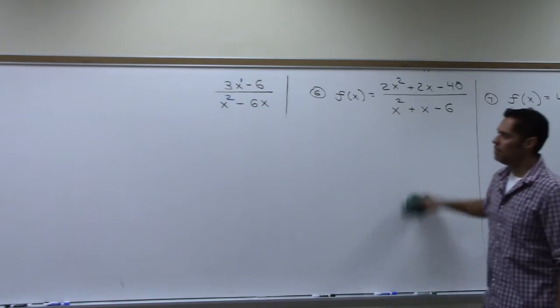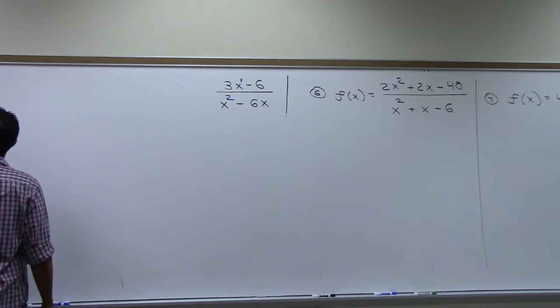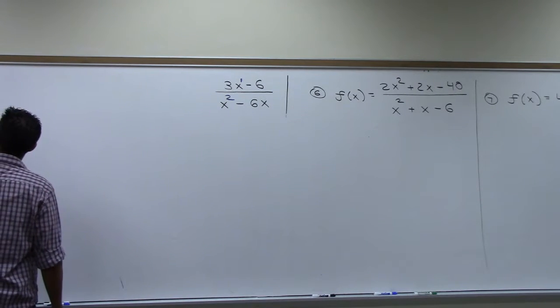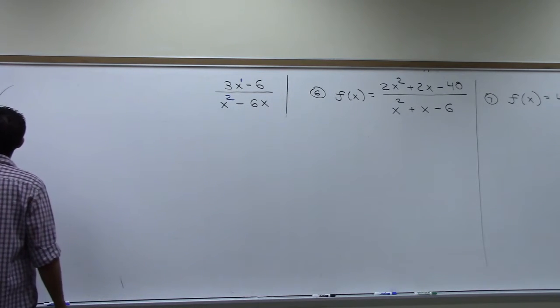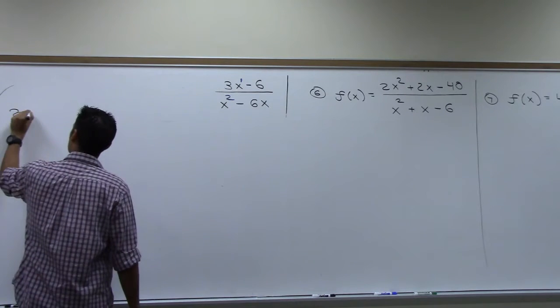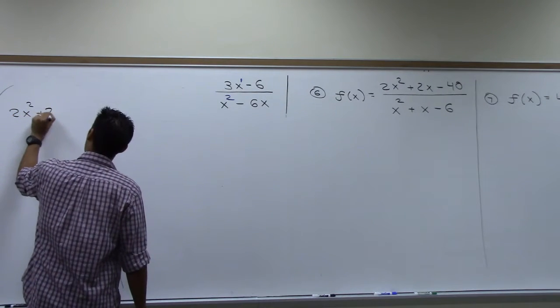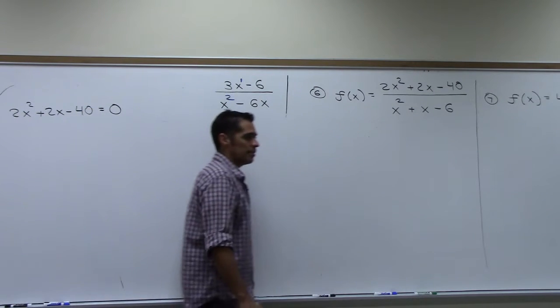All right, so doing this one, first step, is it a rational function? Yes, okay, so it's rational. All right, second thing is to determine the x-intercepts. So you have to set the numerator equal to 0 and factor.